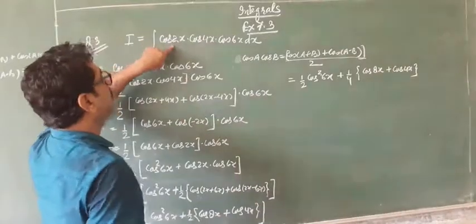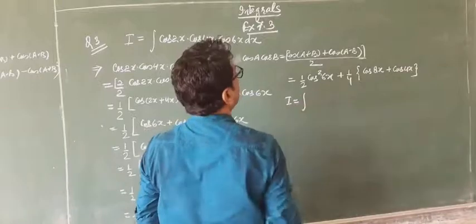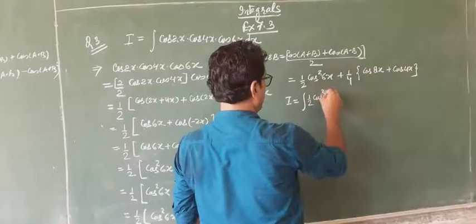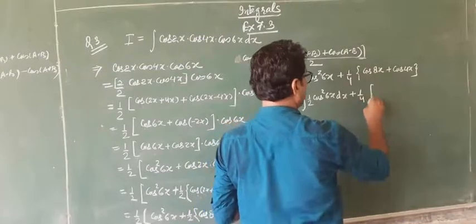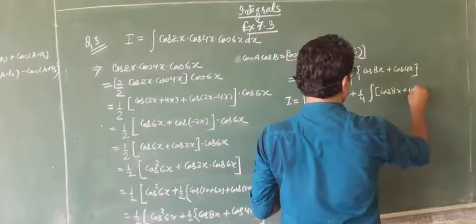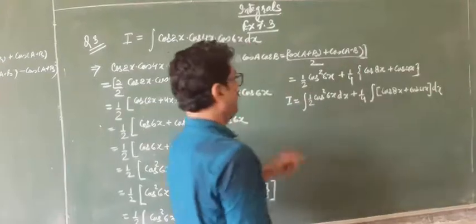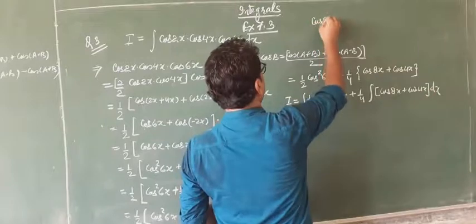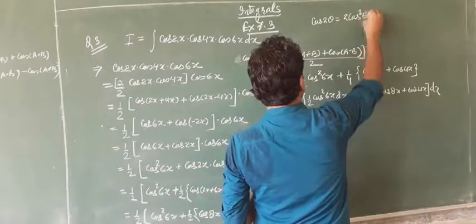Now we have to take integration, so we use the integration sign. We separate it: 1 by 2 cos square 6x dx plus 1 by 4 cos 8x plus cos 4x dx. We again use another formula, that is cos of 2 theta is equal to 2 cos square theta minus 1.